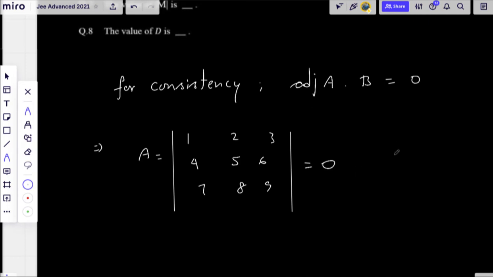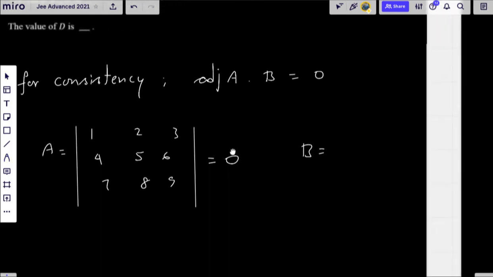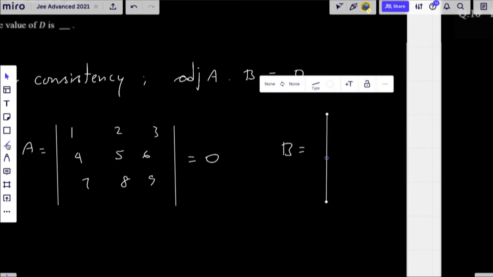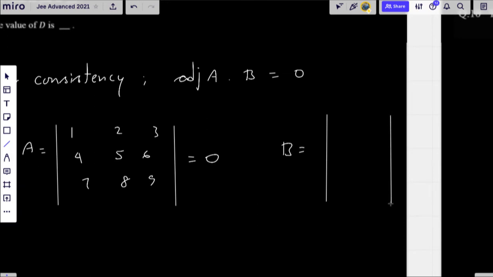And here, what is B? B will be, let's say, this. We write it in the matrix form. The coefficient matrix determinant will become 0.